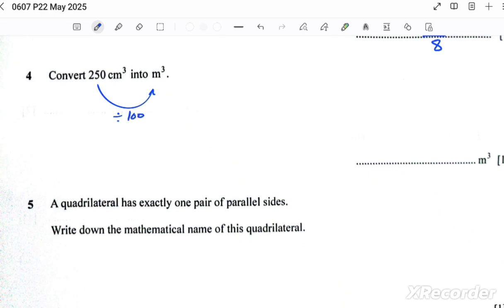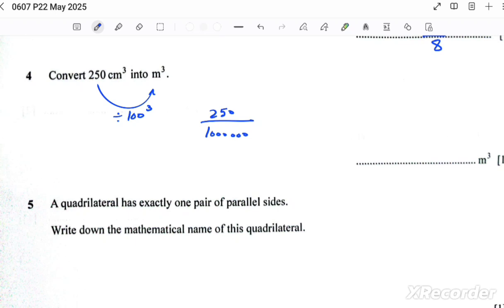So from a small unit to a big unit, you divide. So we divide by 100 if it's from centimeters to meters. But here it is from centimeters cubed to meters cubed, so in this case you have this one to be cubed as well. So you should take this 250 and divide it by 100 cubed, which is 1 million.